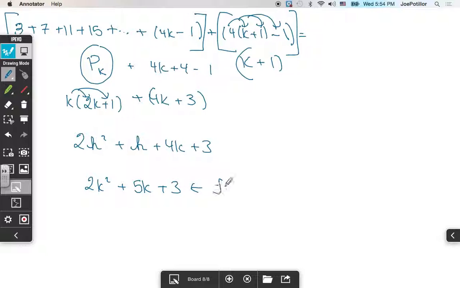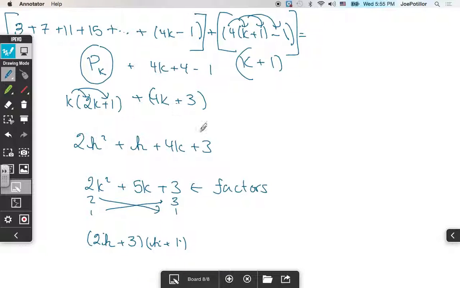This factors. Factor it: 3, 1, 2, 1. Opposites, right? Because we're trying to get 5. So 2 times 1, so the 1 multiplies the 2. So we end up with 2k plus 3, and we end up with k plus 1. Alright, so it goes in the opposite spots. 2 multiplies the 1, and then 1 multiplies the 3.